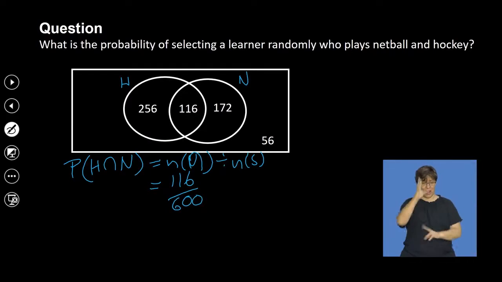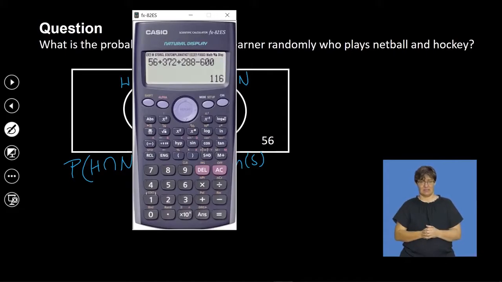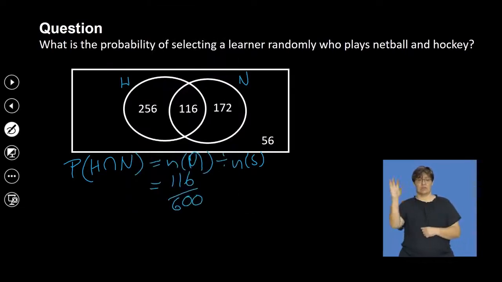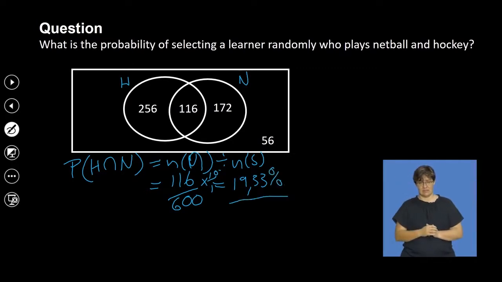So if we take a look at the calculator, we can say it's 116 divided by 600, and you can see that that gives you a percentage of 19.33%. That's the probability based on these numbers.